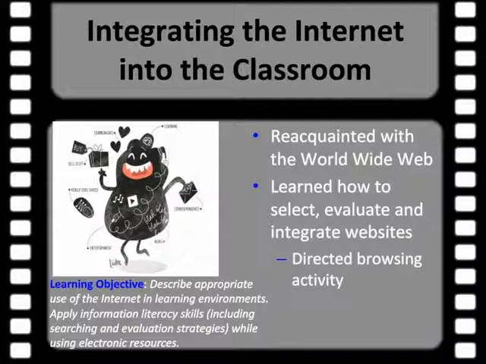For the most part, most of you used Trackstar for this particular assignment to really target specific websites and then ask your students to address some higher order thinking questions or skills or something of that nature. So we really focused on how we use the internet more responsibly as instructors in selecting resources, and then how we integrate those resources more effectively and efficiently using activities such as directed browsing.